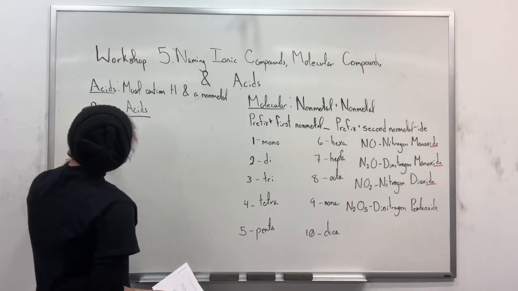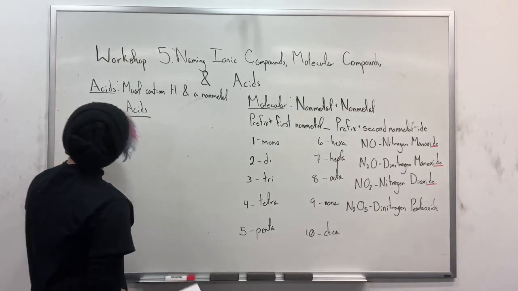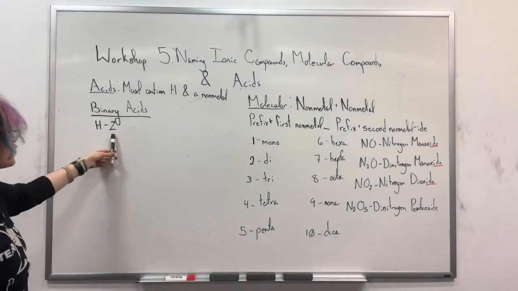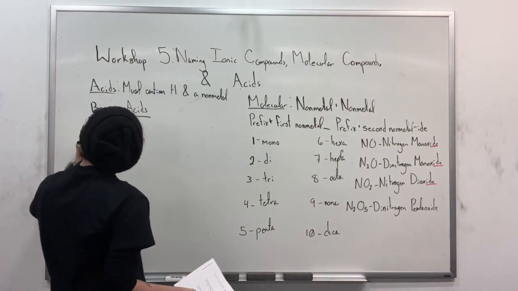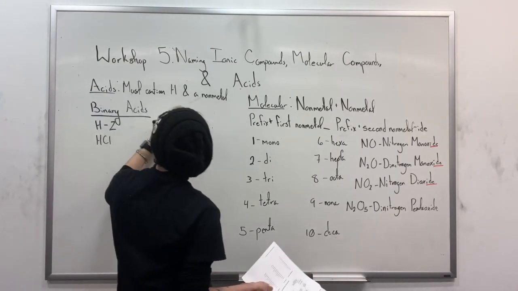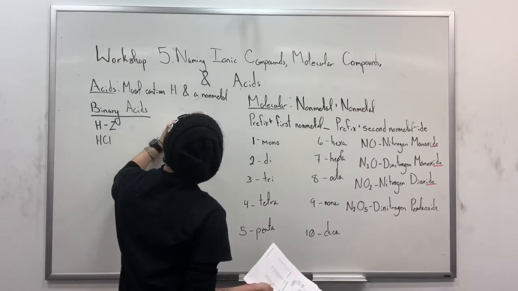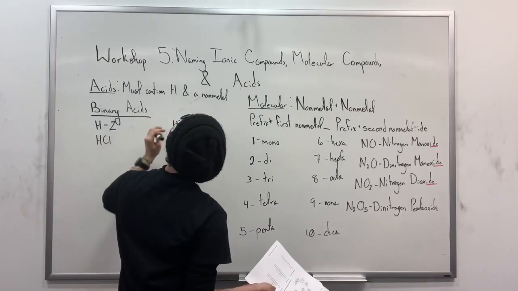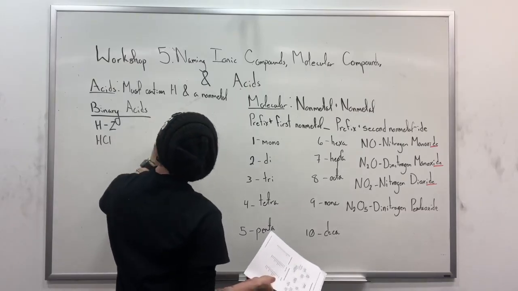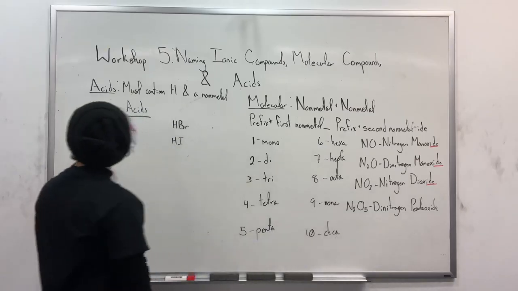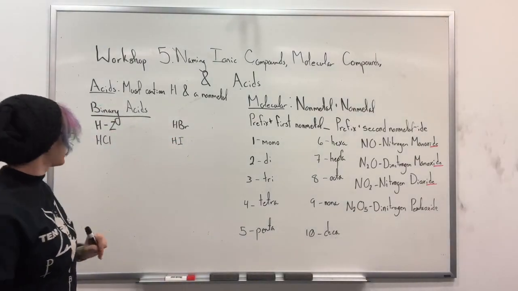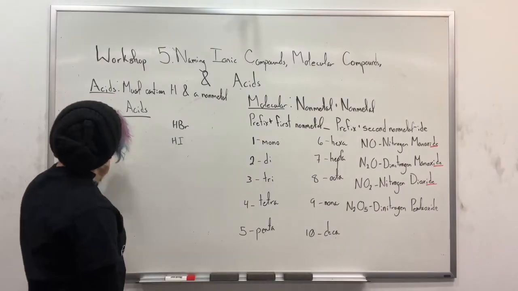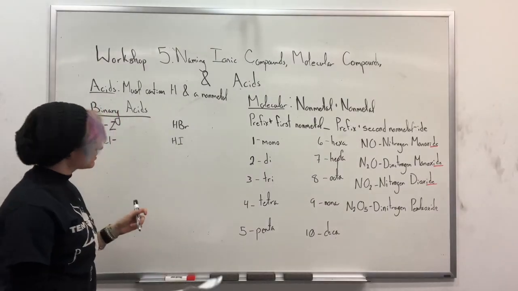The hydrogen itself bound to some element that I'm just going to label Z. This is going to be just some element on its own. Common examples, HCl, HBr, HI. Hydrogen and an element, hydrogen and an element, hydrogen and an element. Specifically a non-metal.